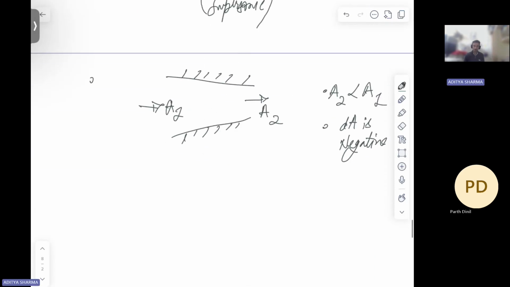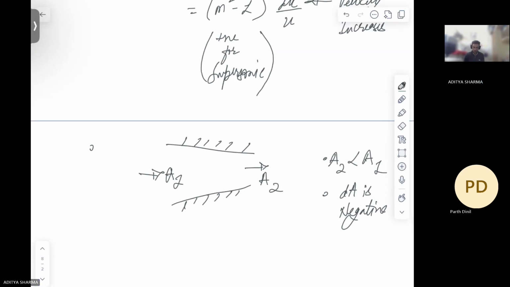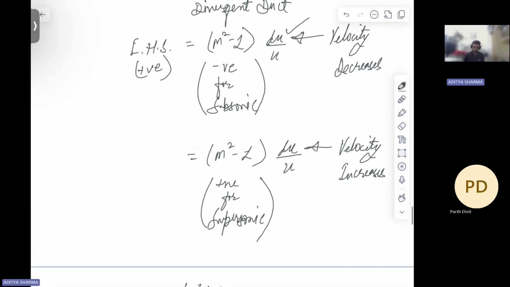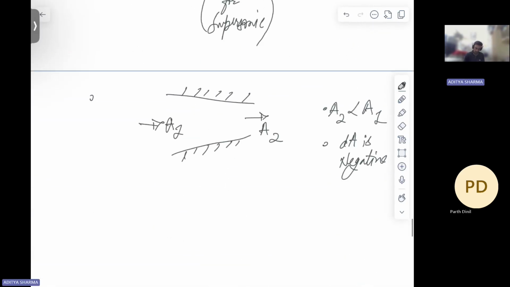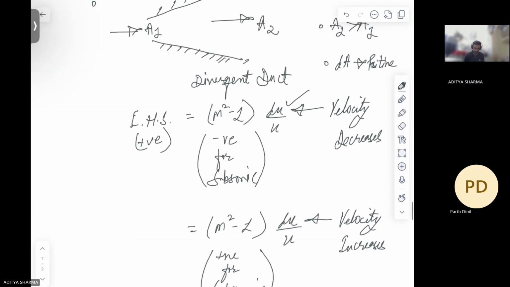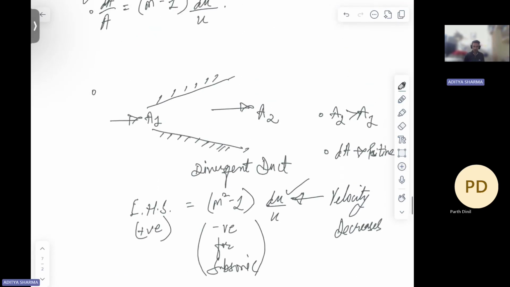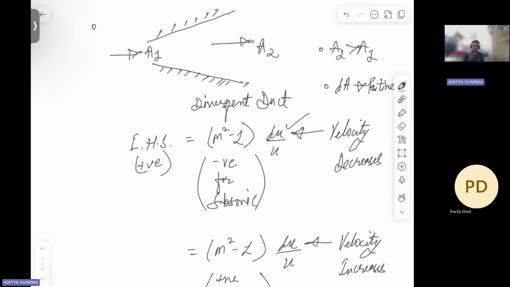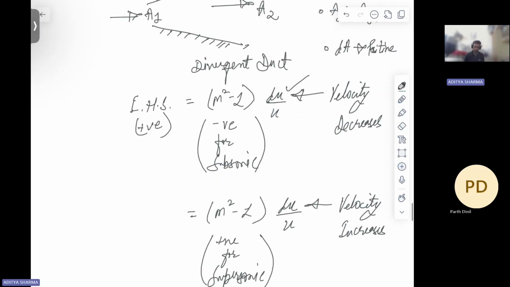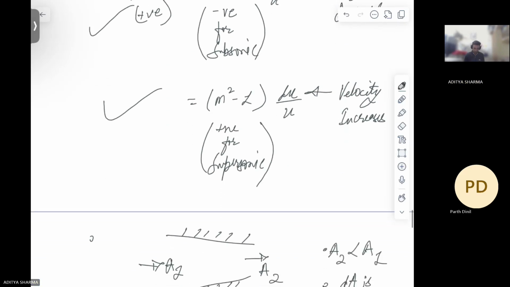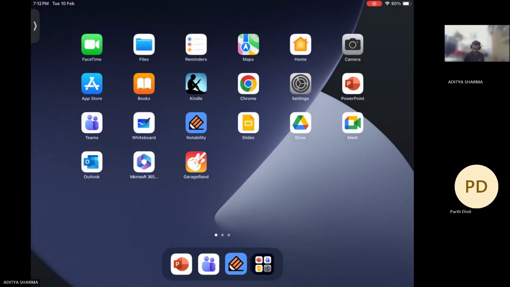Your final area is less than your initial area. Okay. So your left hand side will be negative, right? I hope this can be worked out, right? So I'll not just discuss this. So it will be opposite to these two cases, right?